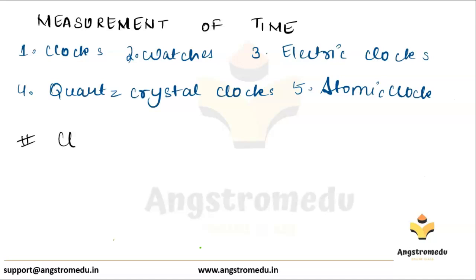First are our normal clocks. These are mechanical devices in which the potential energy given to the spring during its winding is converted into kinetic energy of its moving parts called hands. The ends of its two hands move along a circular path graduated to measure hours and minutes.